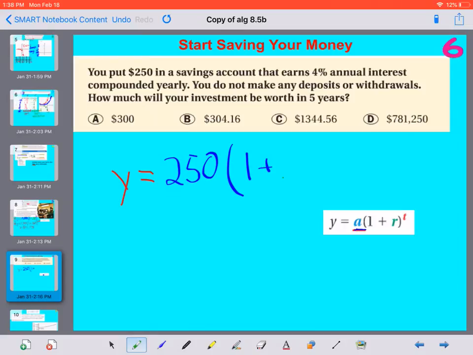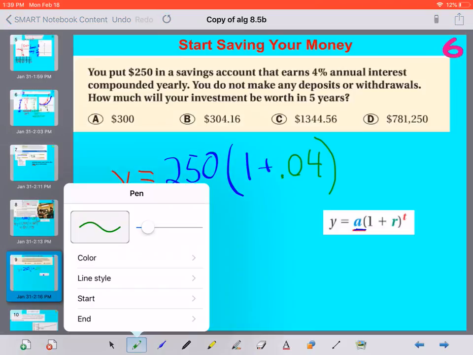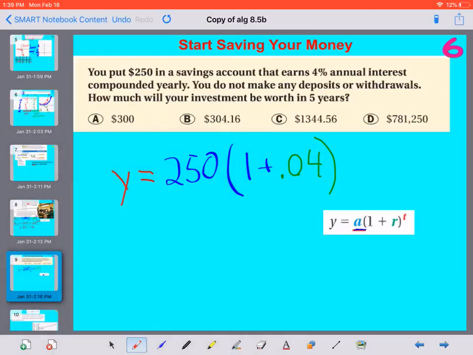That written as a decimal is 0.04. And we want to know the time, and our time is 5 years. So we need to answer this. How much money are you going to have in your savings account over 5 years?